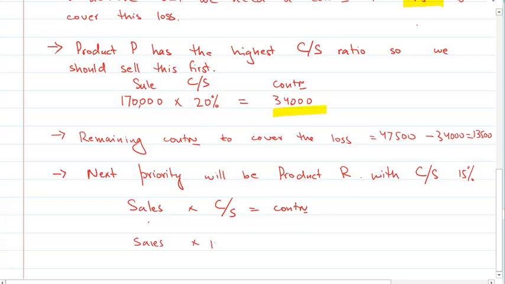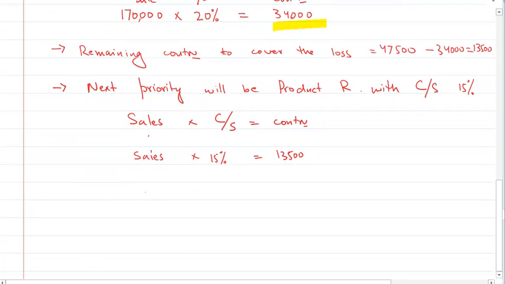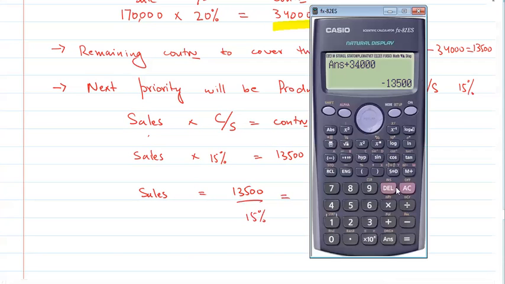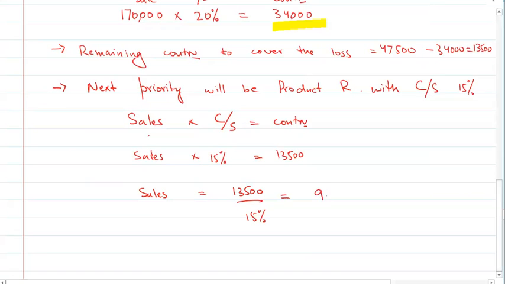Sales multiplied by 15% will be equal to 13,500. So sales will be 13,500 divided by 15%. The extra sale required is 90,000.